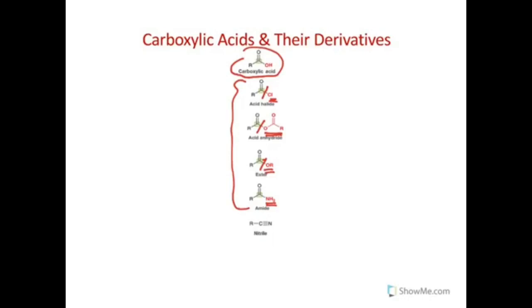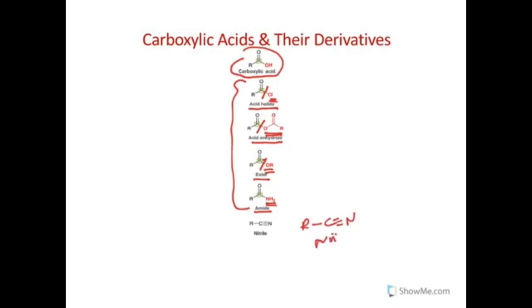So to be brief, acid halides are the most reactive, followed by acid anhydrides, esters, and then amides. Now, nitriles are also grouped under this category because they react in a similar fashion to the carbonyls.